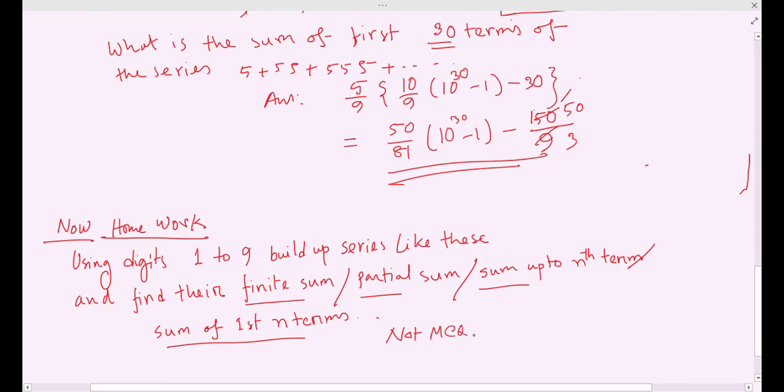This is not MCQ. You have to find out the sum of the first 10 terms or whatever it is, and solve it in detail.